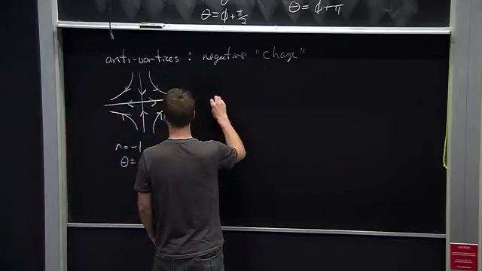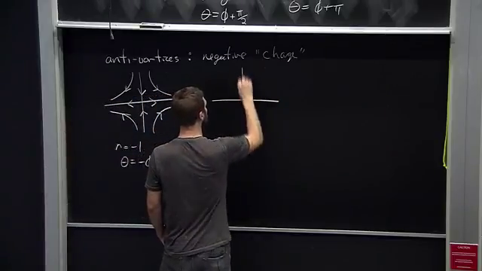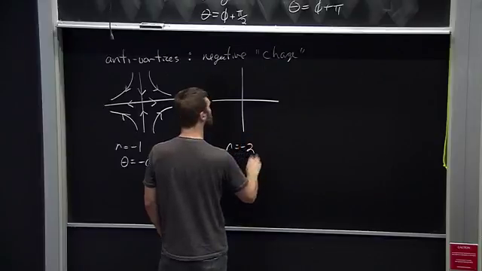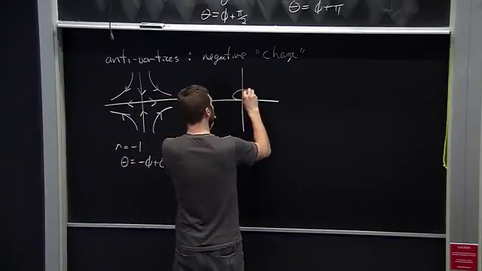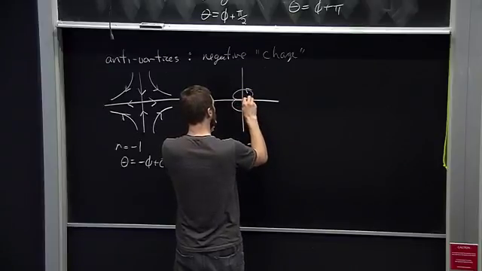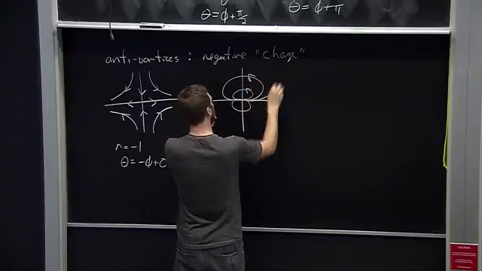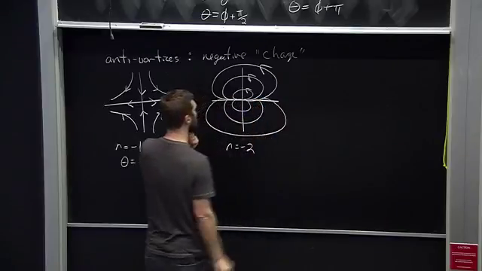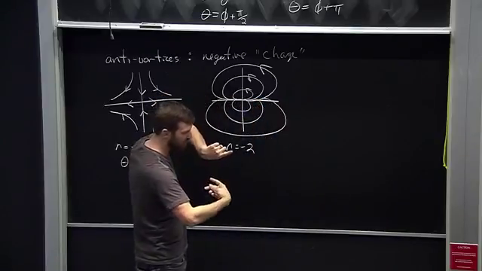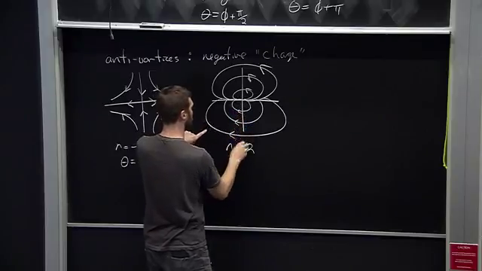I'm not actually sure I'm drawing the right charge now, so let me try another one. So this is n equals minus 2. Another one should look like this, and the bottom ones must go this way, I think.